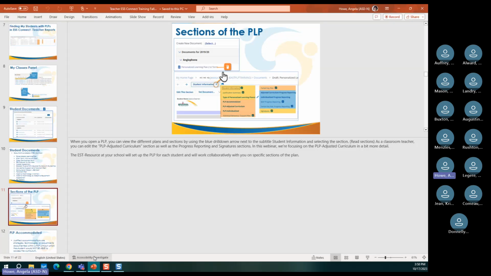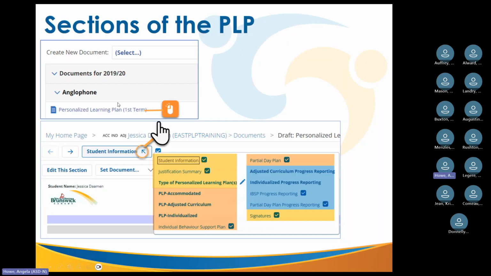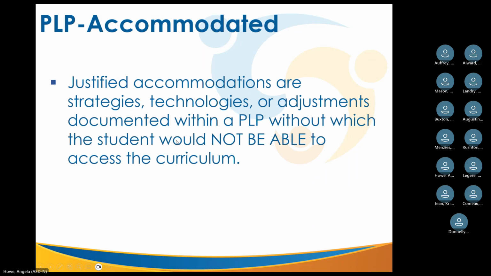So back to my PowerPoint. What is an accommodated plan? So as a classroom teacher, if I'm having concerns about a student academically or behaviorally or social emotionally, I would start first with what we call universal accommodations, which is just a checklist, and it's good teaching strategies that we could use for all students in our classroom.